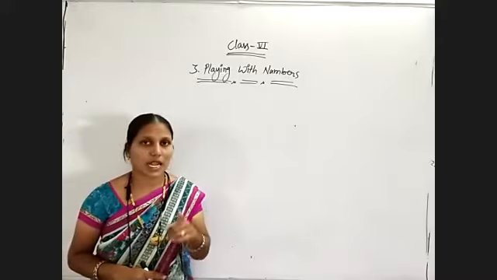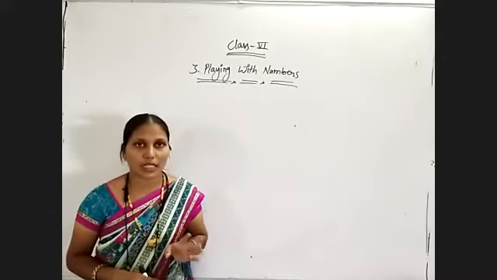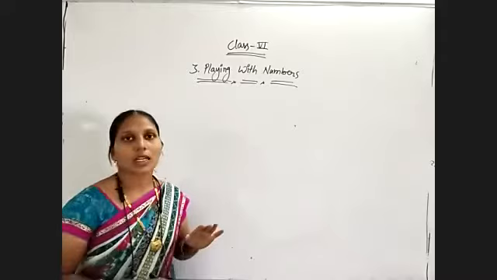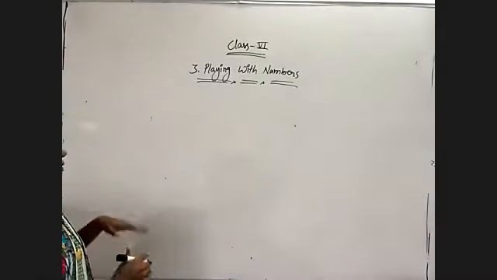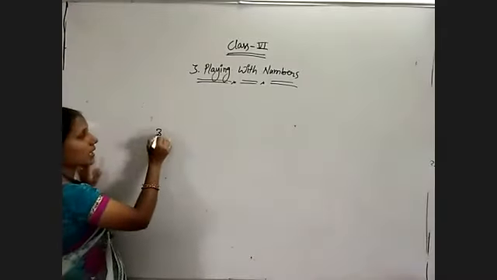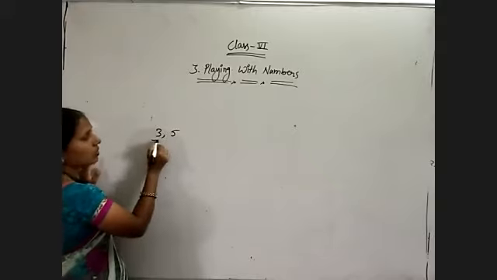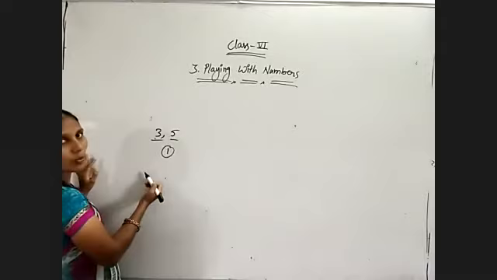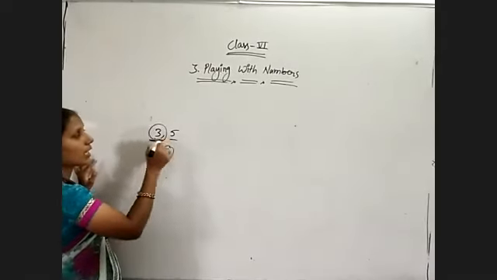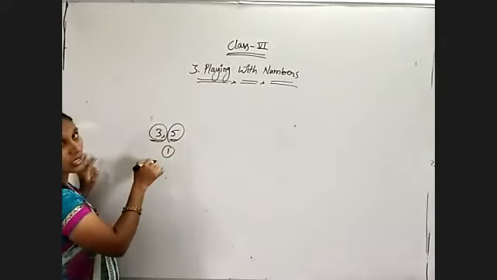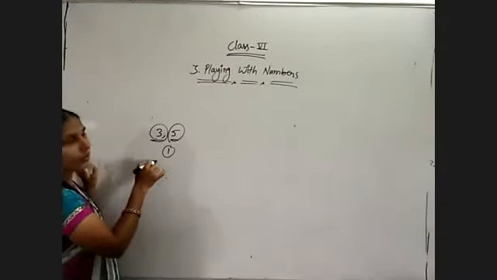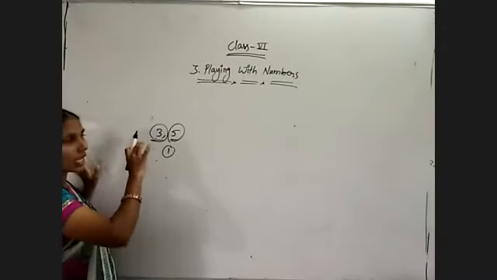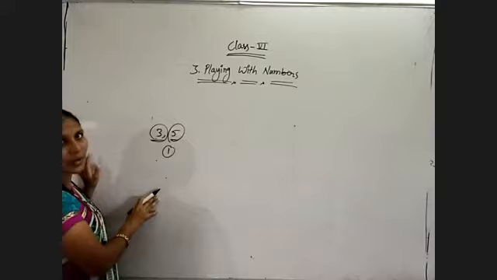If the numbers have only 1 as their common factor, such numbers are said to be co-primes or relative primes. For suppose I am taking 3 and 5. Both are prime numbers. Only 1 will be the common factor. So 3 and 5 are co-primes. So if you are taking a pair of prime numbers, all those are co-primes or relative primes.